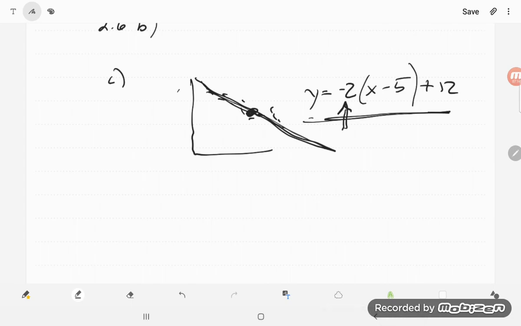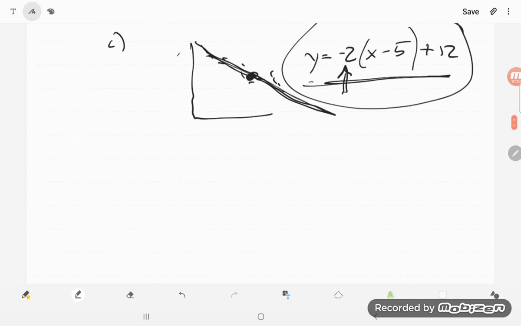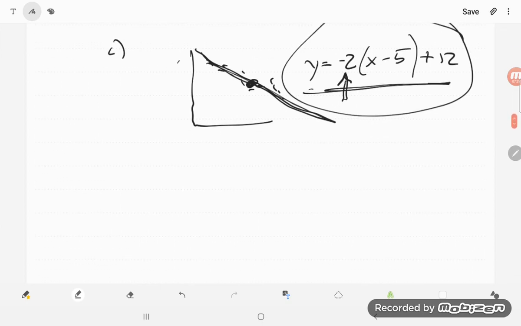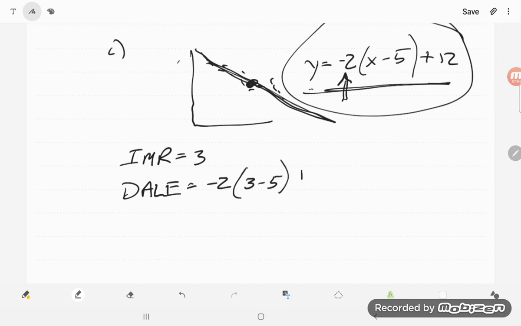And then give a couple of examples. Suppose that's my model, then if IMR was equal to 3, then according to this model, I would get Dale equal to -2 times 3 minus 5 plus 12.